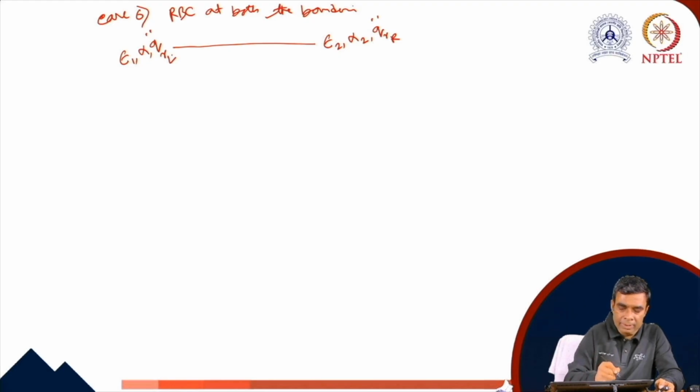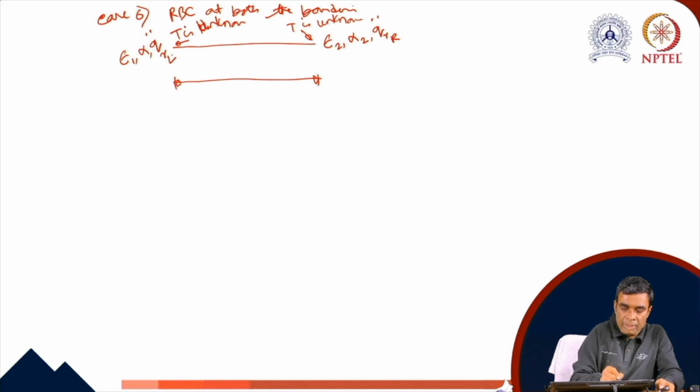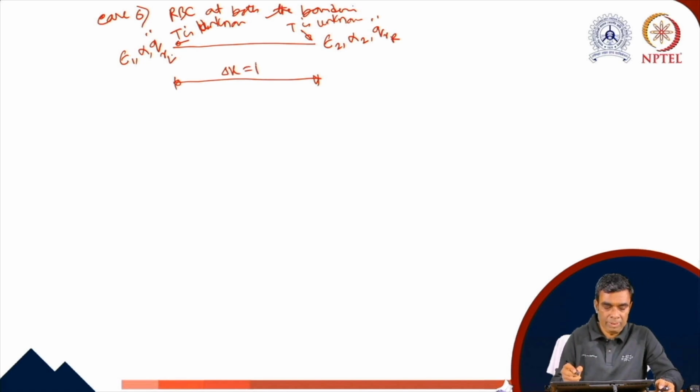So in this case, T is unknown at both the nodes, like the previous cases we are showing. So this is the FEM mesh size. This is Δx. Now T1 and T2 are the unknown quantities.